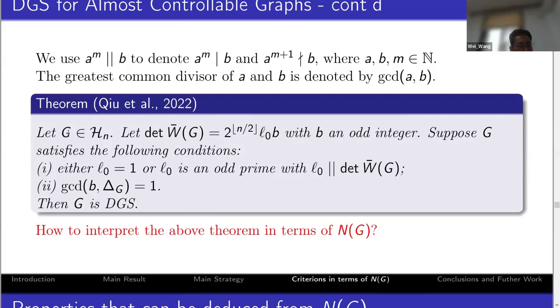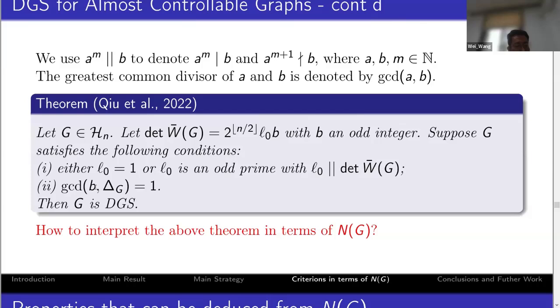For a controllable or almost controllable graph G, we let the determinant of bar WG be written in this way, where B is an odd integer, and suppose L0 either equals 1 or is an odd prime, such that L0 precisely divides the determinant of bar WG.